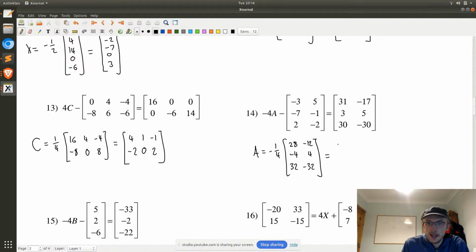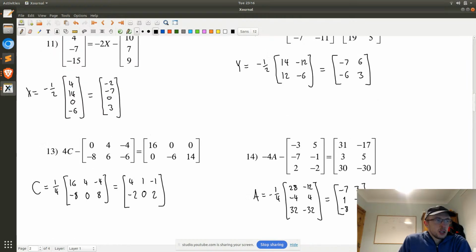And when we negate and quarter it, now check these four. That's correct. That's correct. That's correct. And that's correct.